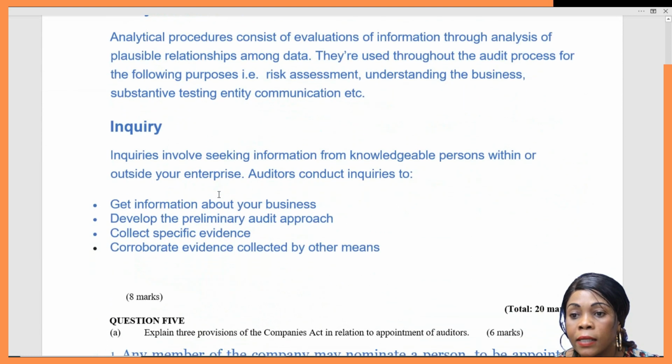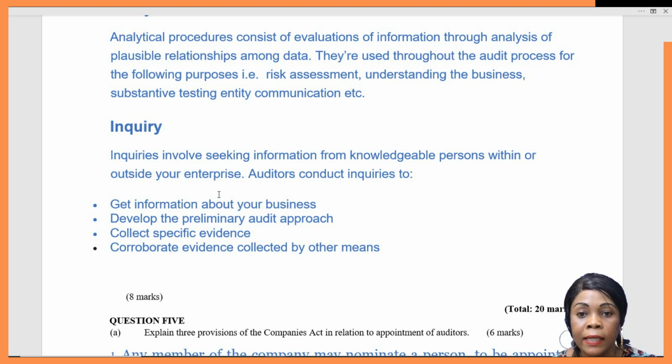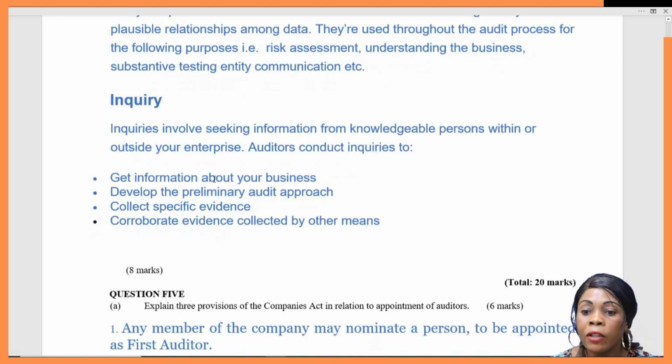Analytical procedures consist of the evaluation of information through analysis of relationships among the data. They are used throughout the audit process for the following purposes: risk assessment, understanding the business, substantive testing, entity communication, and so on. Another one is inquiry.